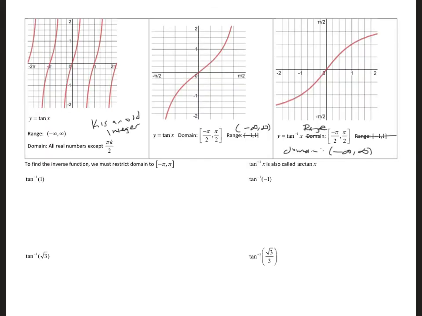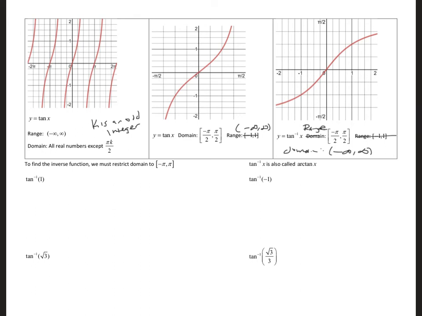So here now we consider the tan function. You can see it does not pass the horizontal line test. So we have to restrict the domain from negative pi over 2 to pi over 2, just like for the sine. And now when we interchange the domain and range, you can see these two functions, the function with the restricted domain and the inverse function, pass the horizontal and vertical line test.